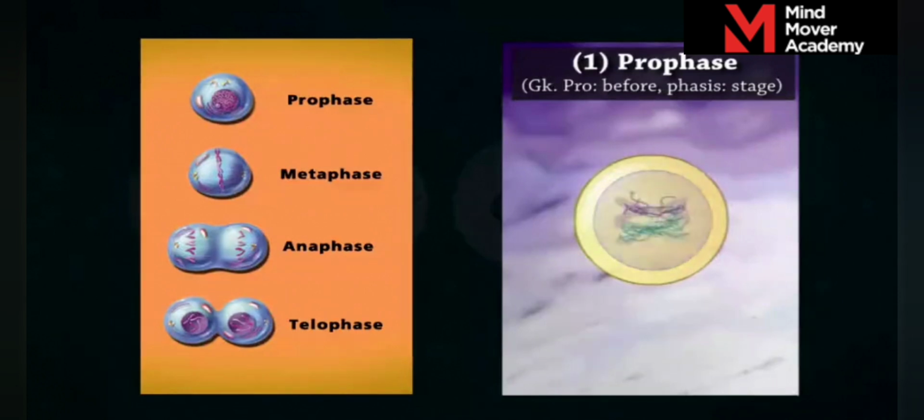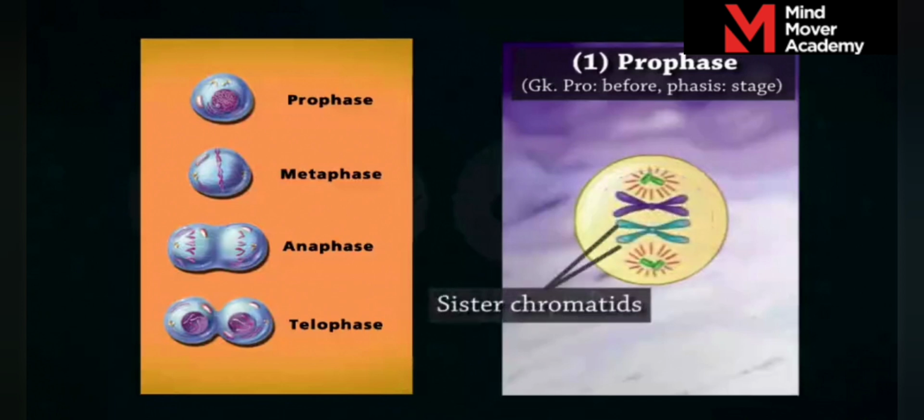Each chromosome has 2 thread-like structures called sister chromatids, which lie close to each other and remain attached at a point called centromere. As prophase advances, the chromosomes become shorter and condensed or thickened.